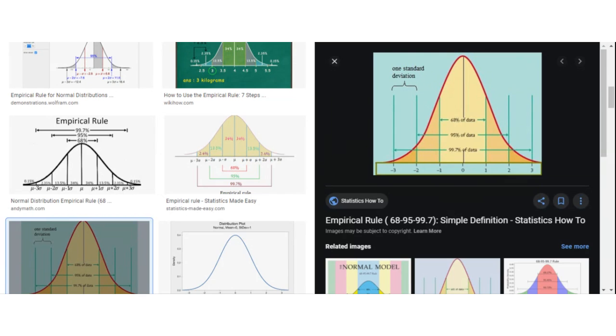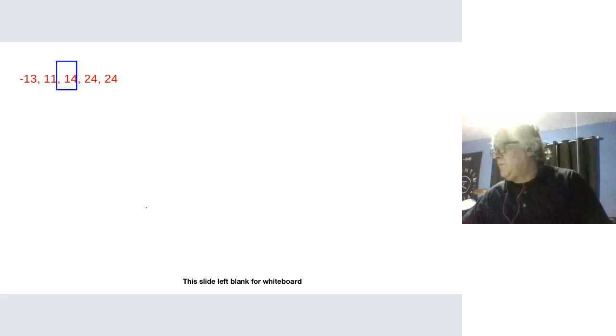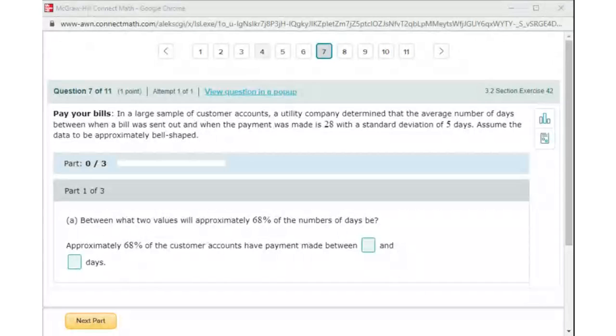Let's go back over to the problem. Okay, so part 1, it says between what two values will approximately 68% of the numbers of days be? Well, 68% is 1 standard deviation.